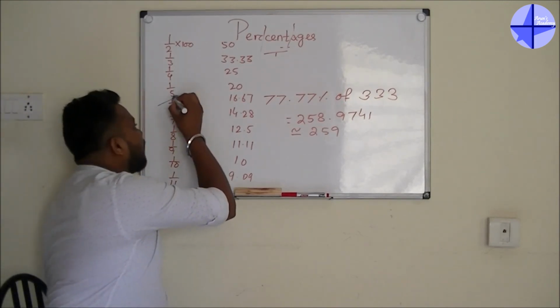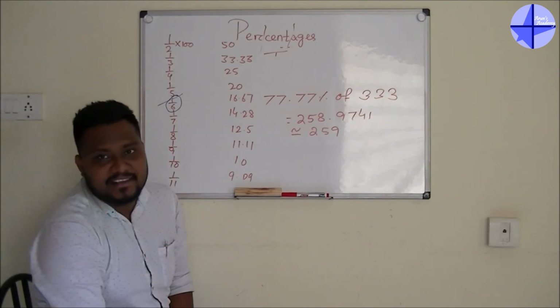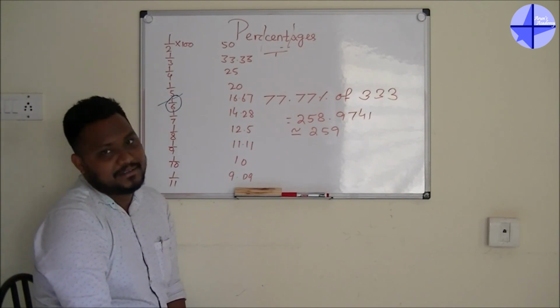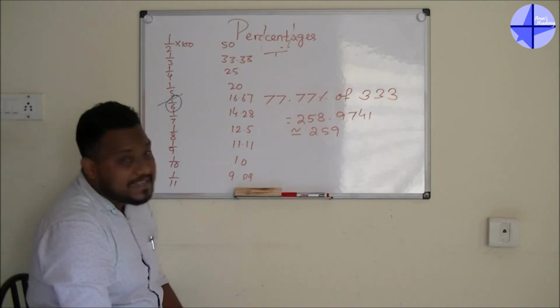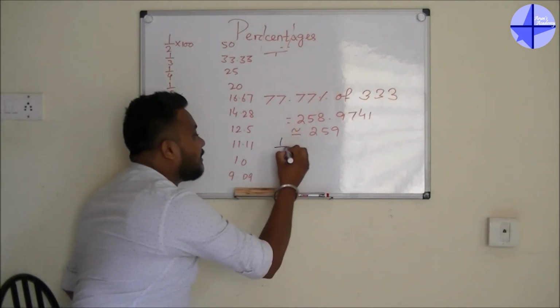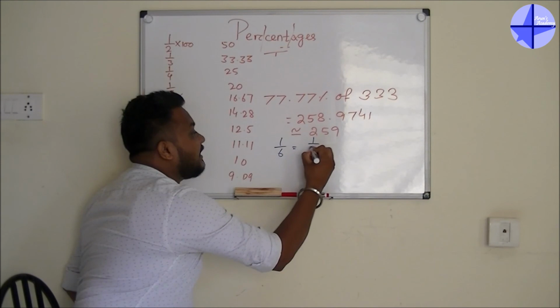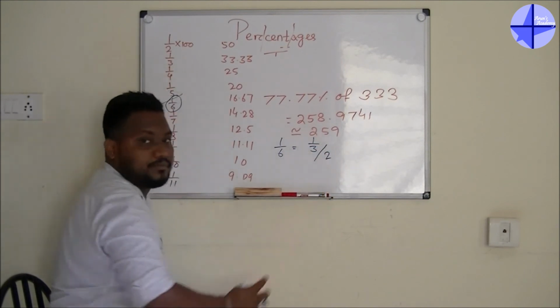Now talking about 1 by 6. What is 1 by 6? Don't say 16.67, I also know, I only wrote it. So 1 by 6 is equal to 1 by 3 divided by 2.